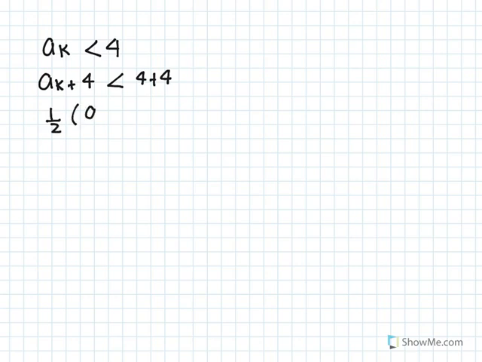That's how induction works. So a_k is less than 4 by assumption. Let's add 4 to both sides. a_k plus 4 is less than 4 plus 4, that's 8. Now multiply by 1/2, we get 1/2 of (a_k plus 4) is less than 1/2 of 8.